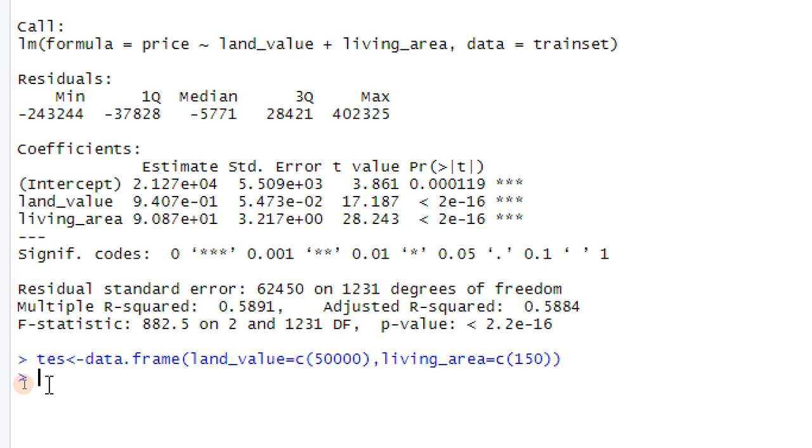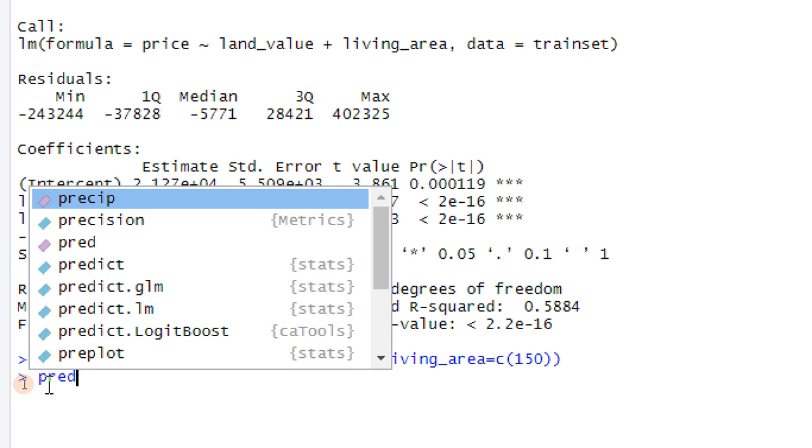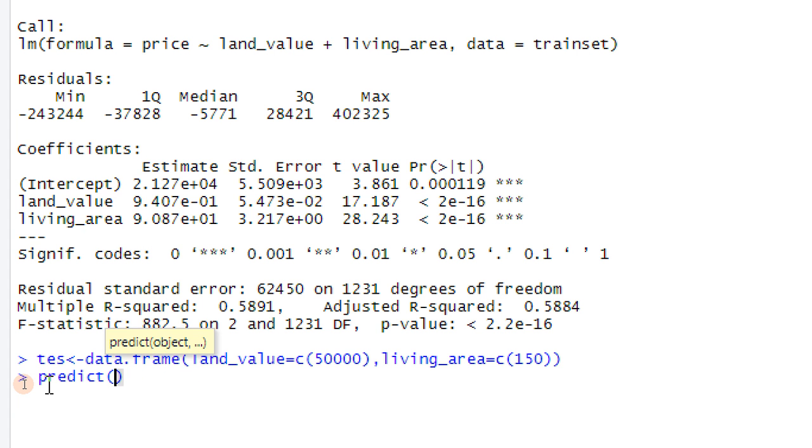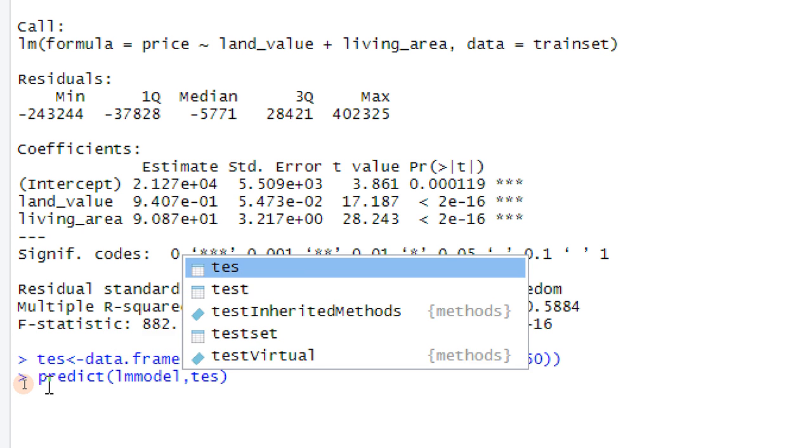Now I'm testing my model, the LM model. Predict with the LM model. Using this LM model, find out the result for this TES data, right?